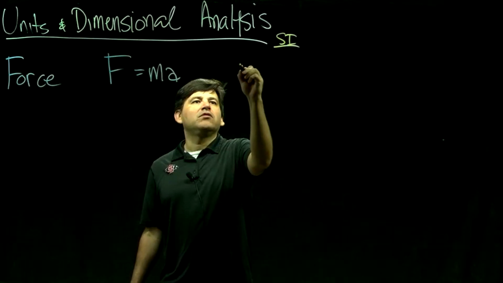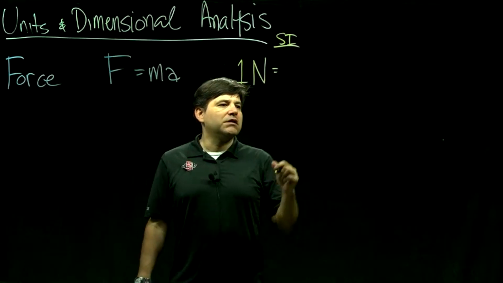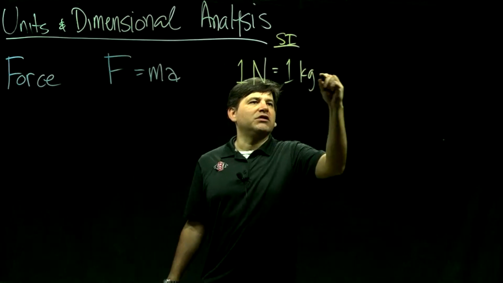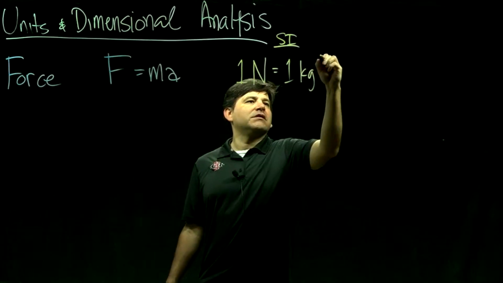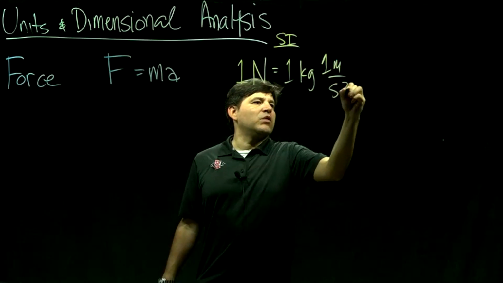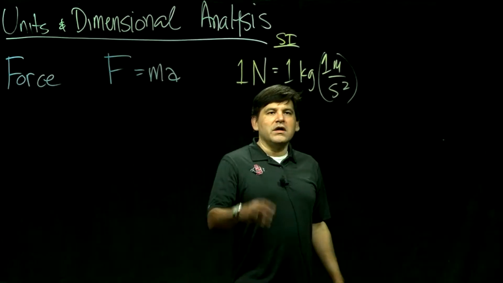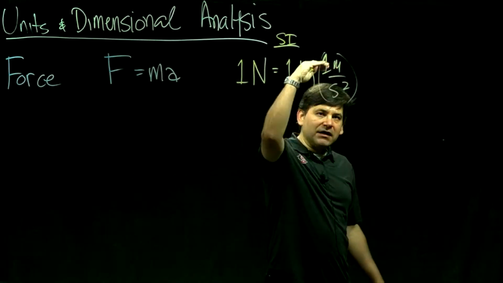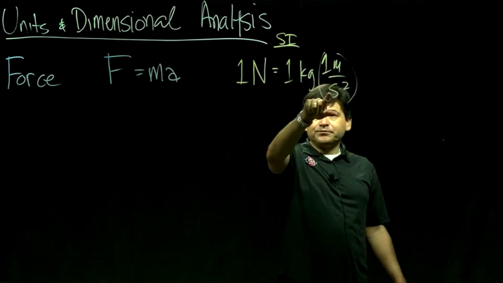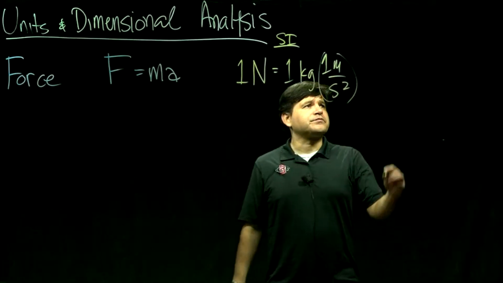So this would give you 1 Newton equals 1 kg, which is the unit of mass, times 1 meter per second squared. So the Newton is 1 kilogram accelerated at 1 meter per second squared. That's where the Newton comes from.